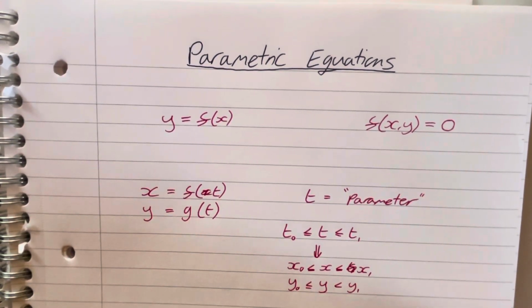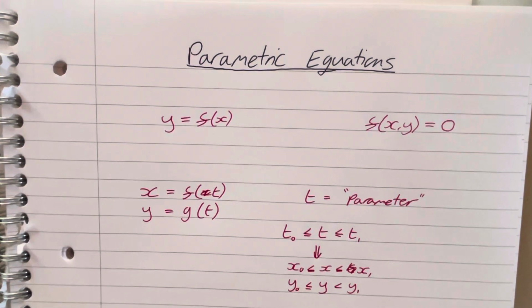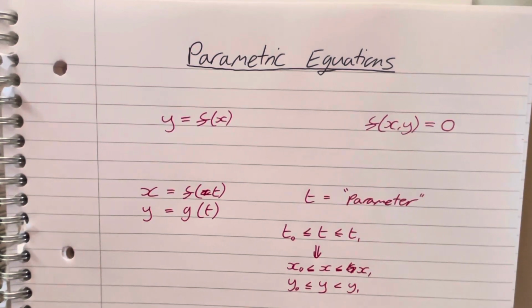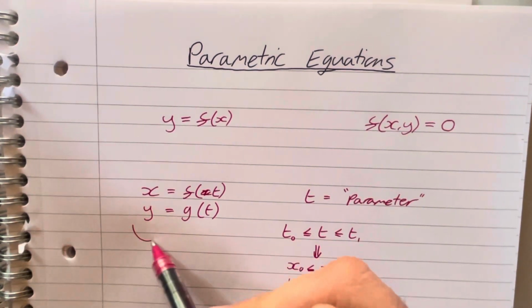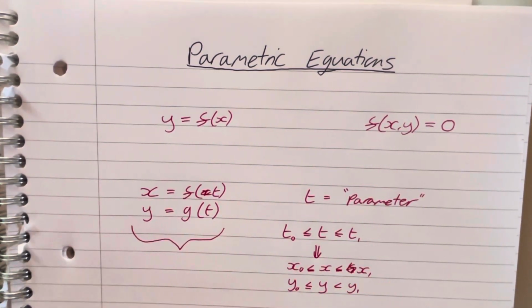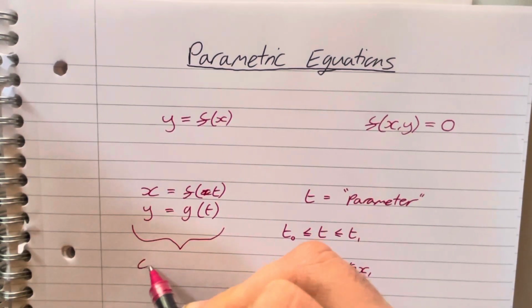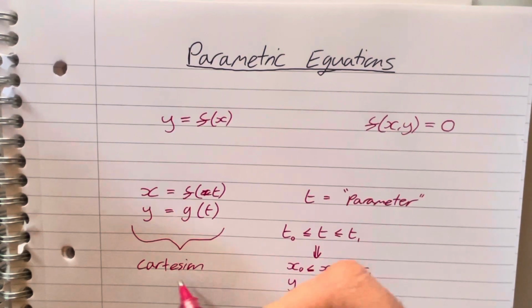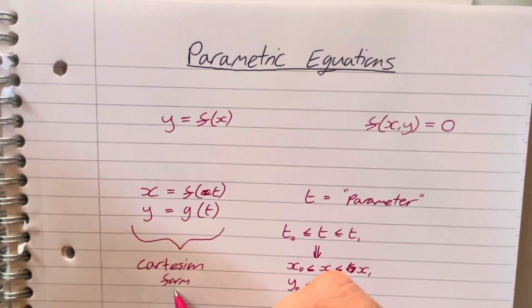In the next video we're going to have a look at sketching such curves for different f and g. But today I'm just going to go from this parametric definition of a curve to the Cartesian form. Okay, this is parametric.